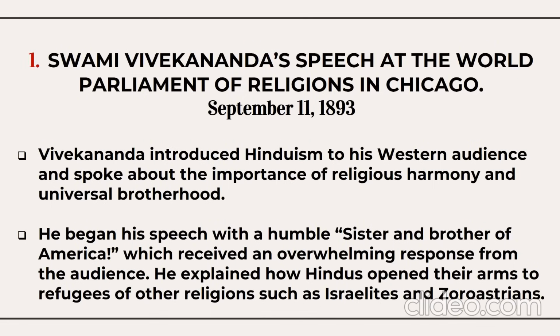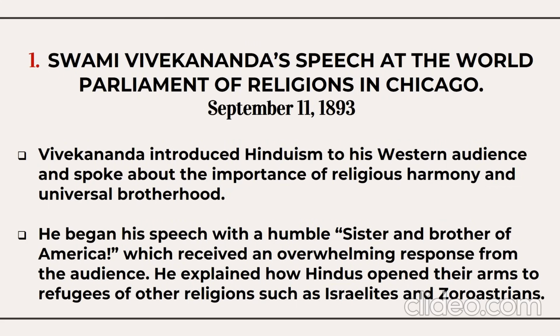First speech we have here is Swami Vivekananda's speech at the World Parliament of Religions in Chicago, delivered on September 11, 1893. In his speech, Vivekananda introduced Hinduism to his Western audience, and he spoke about the importance of religious harmony and universal brotherhood.